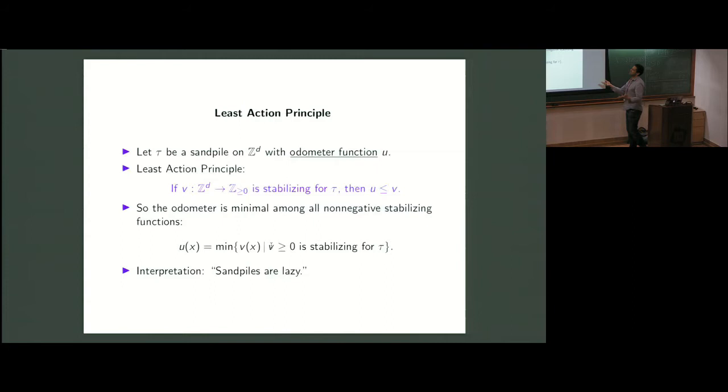This leads you to the least action principle. One way to characterize the odometer is the pointwise smallest integer-valued function v that is non-negative and stabilizes what you started with.